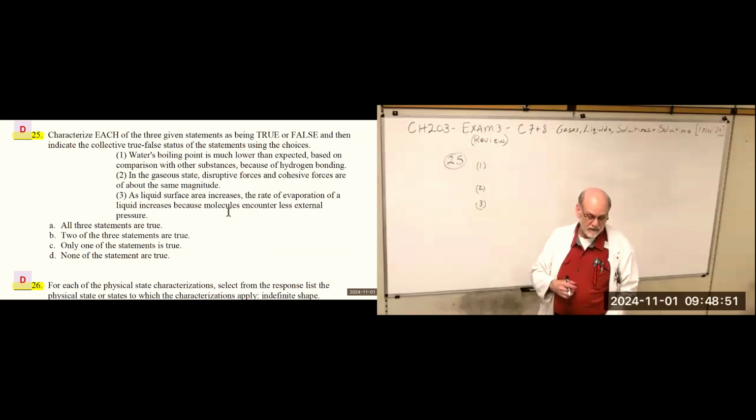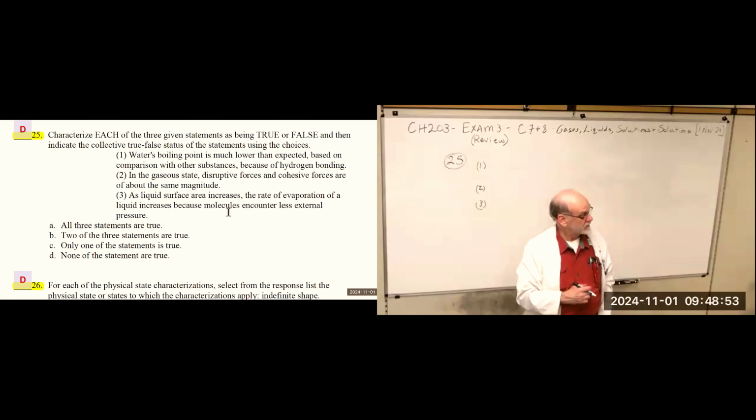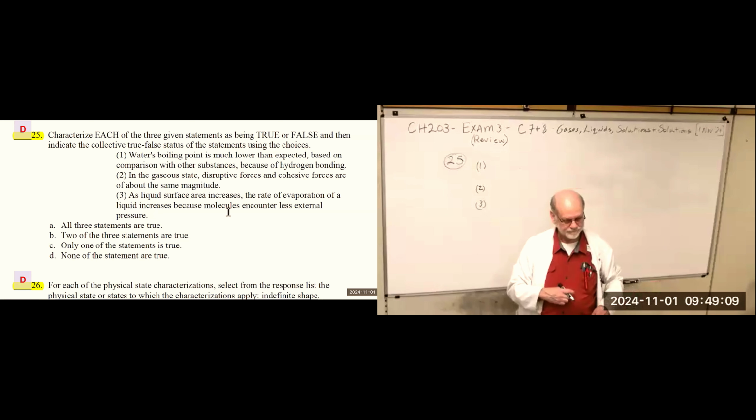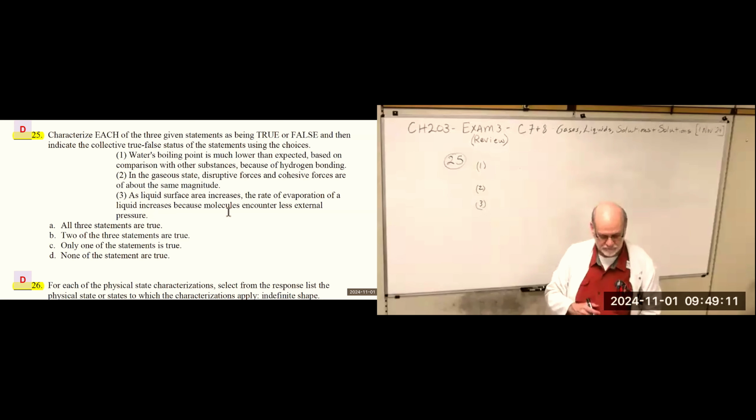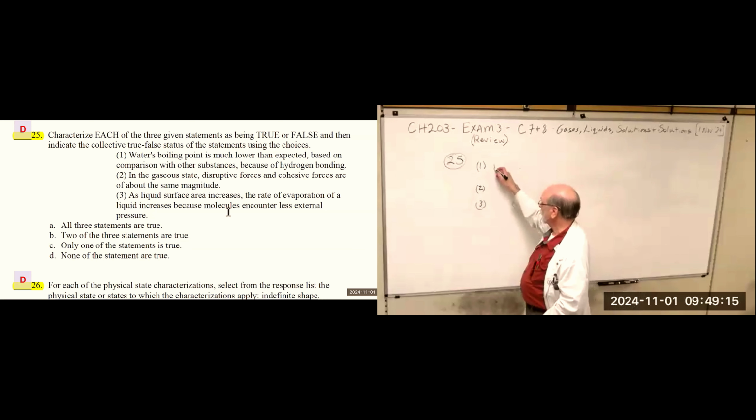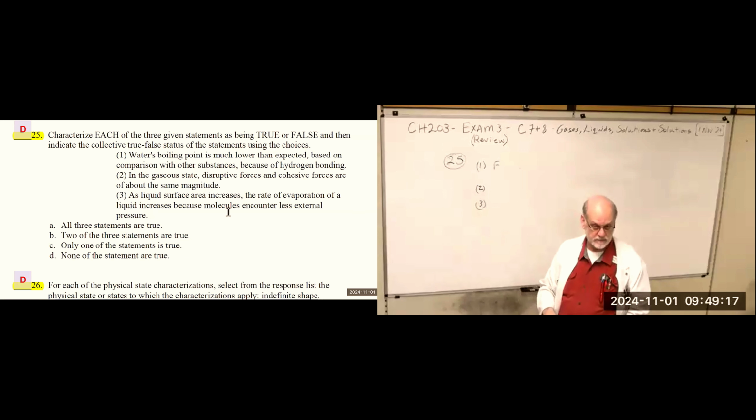If it followed the pattern of other hydrides like hydrogen sulfide, hydrogen selenide, hydrogen telluride, then water should be below zero. But it's not. For that reason, hydrogen bonding. So the statement as given is false.